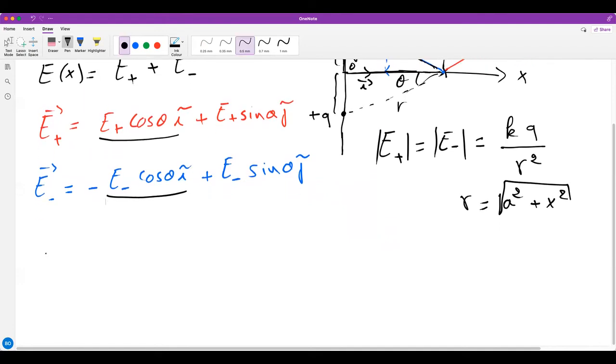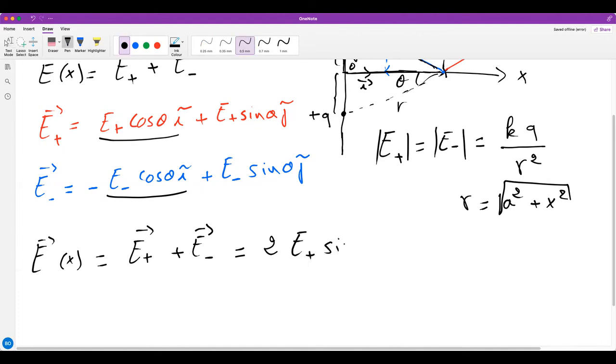So consequently, the total electric field at point x, which is the sum of the electric field created by both charges, will be 2 times E plus sine theta j.